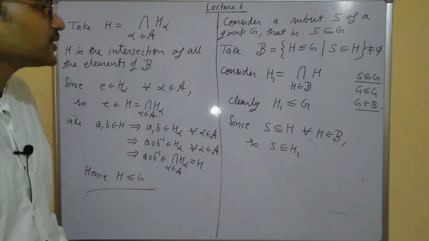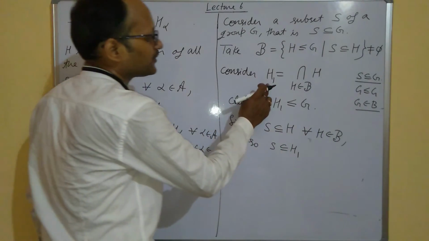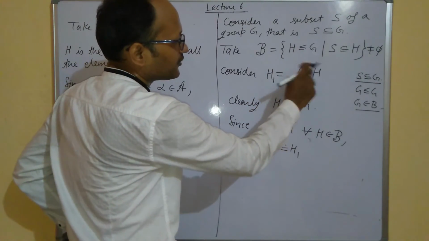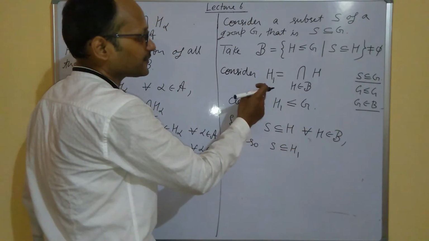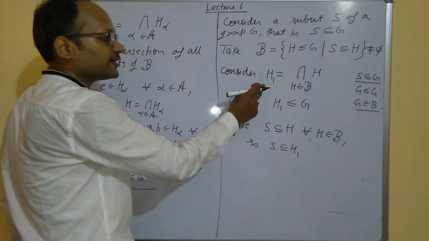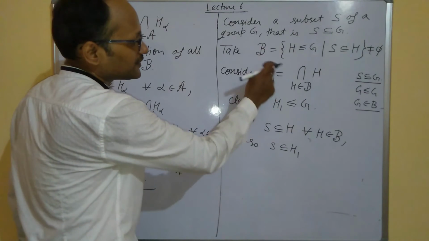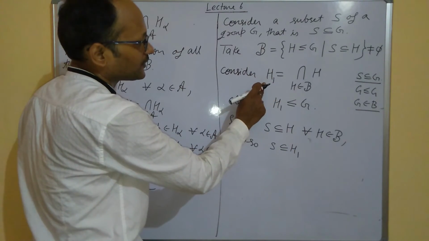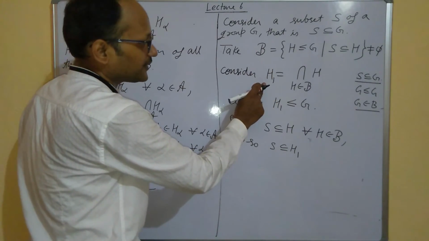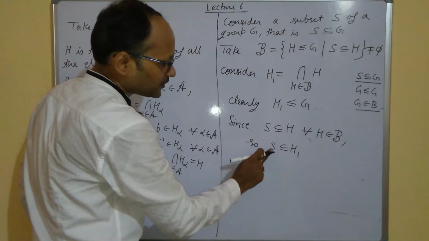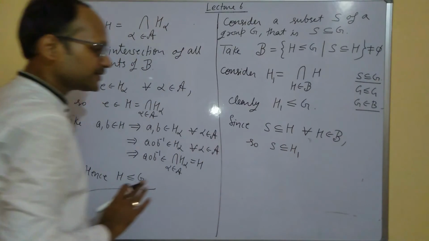So this H1 will exist, because if there is no element and you take intersection, you will get nothing. You will get phi, and phi is not a subgroup. So this H1 is a subgroup because B is non-empty. Now if H1 is a subgroup, then this subgroup will contain S.